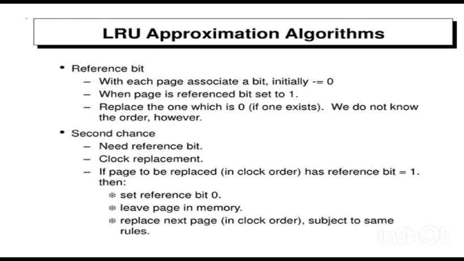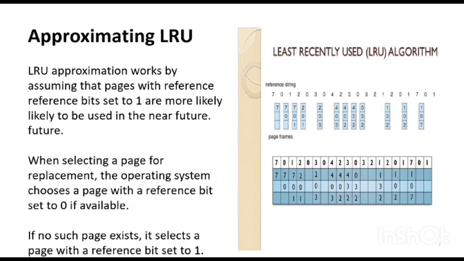Basic principles. LRU approximation uses a reference bit to track the usage of each page. The reference bit is set to 1 when the page is accessed and 0 otherwise. When a page fault occurs, the operating system selects a page with a reference bit set to 0 for replacement.